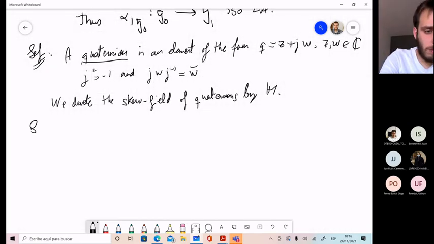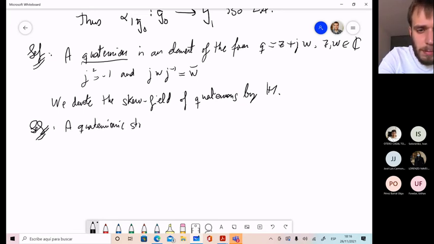Okay, so what is a quaternionic structure? A complex structure was something that you define on a real vector space. Now a quaternionic structure is going to be something that you define on a complex vector space.